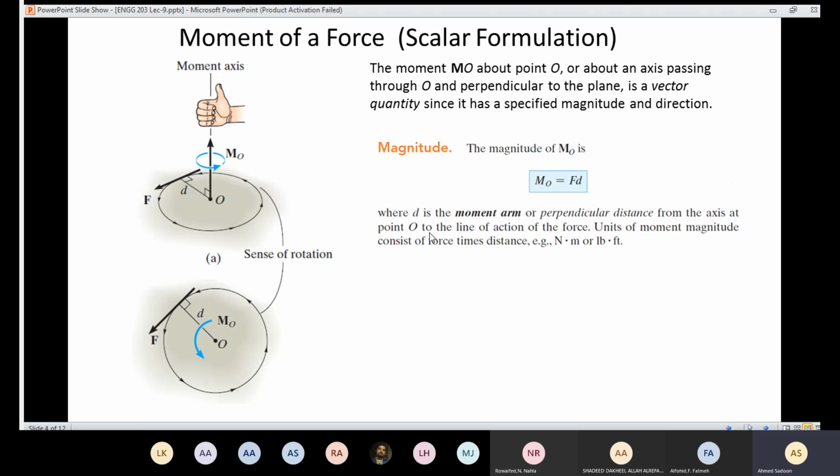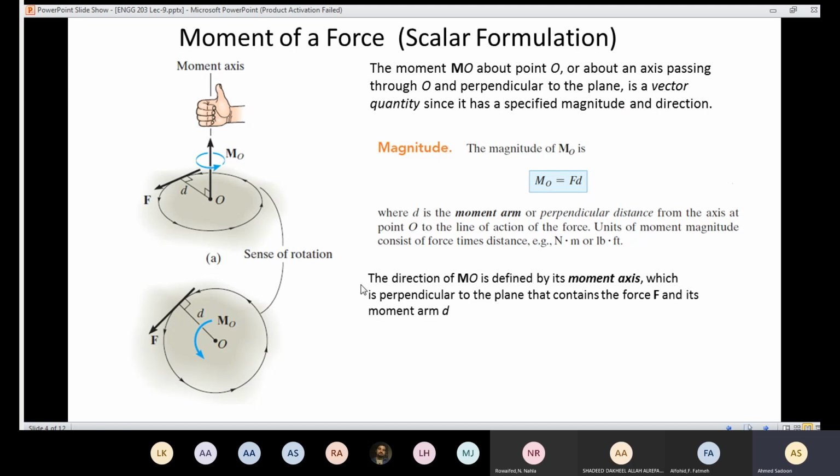So this one here is the distance from the axis here to the line of action. And about the unit of the moment, since it's force times a distance, we are going to have newton meter or pound foot.